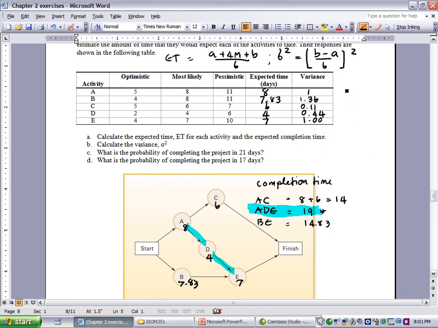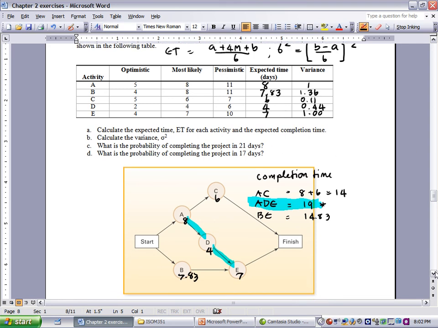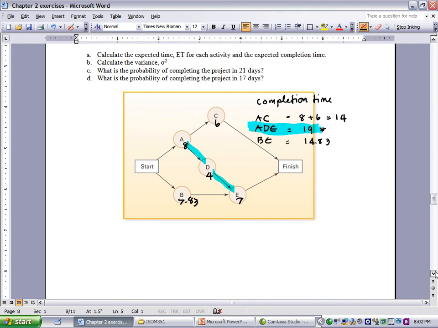With that in mind, we are going to compare the completion time with 21 days for C and with 17 days for D. So we're going to go further to the bottom.